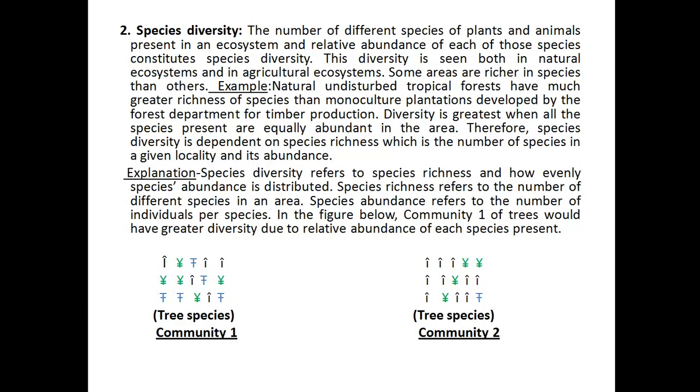Whereas in community 2, you can see that there are 10 black trees, 4 green trees and 1 blue tree. So looking at these two communities, you can say that community 1 of trees would have greater diversity due to the relative abundance of each species present.